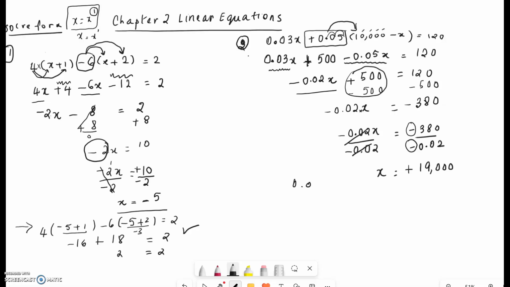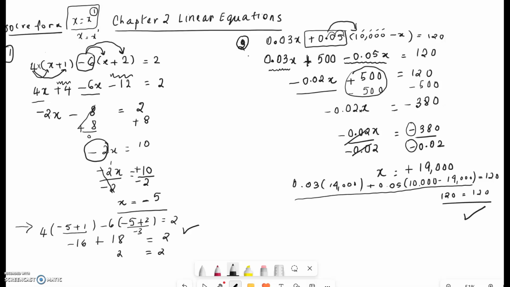So 0.03 times 19,000 plus 0.05 in parentheses 10,000 minus 19,000 is equal to 120. Enter this into your calculator. You'll notice that it's equal to 120, and you get 120 equals 120, which is true, and therefore we know that this is a correct answer.